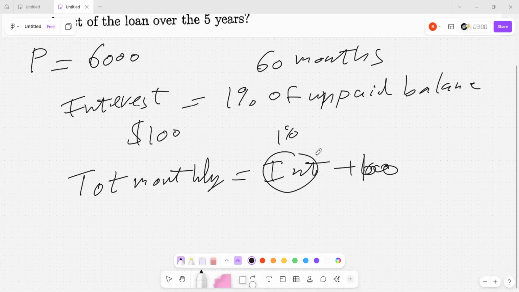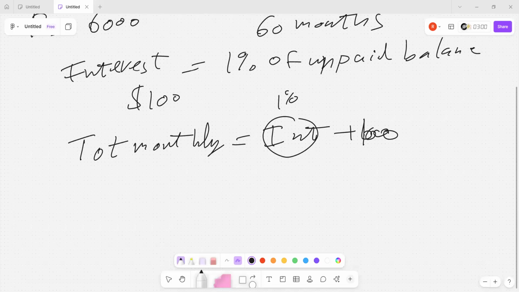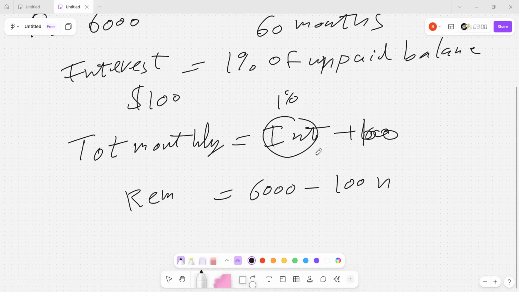Perfect. So at the start it will be 6,000 minus 100 N to find the remaining balance. N is the number of months.